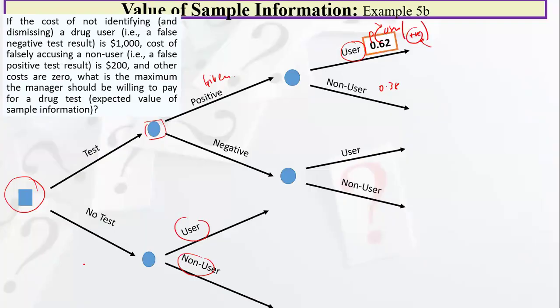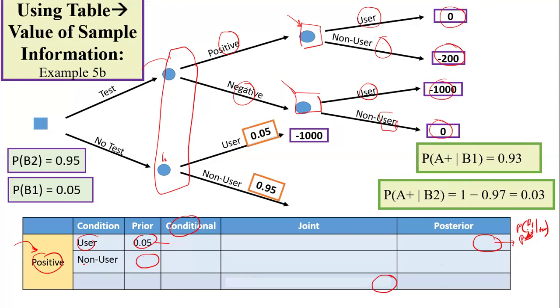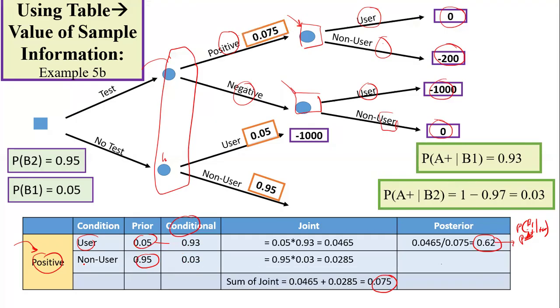You have to be very careful about these numbers because it's easy to make a mistake. So I came back up to here, posterior probability. Posterior means after. So tested positive, but he is not really negative. So tested positive, it could be a drug user or not a drug user. So that means add them together, it has to be 1.